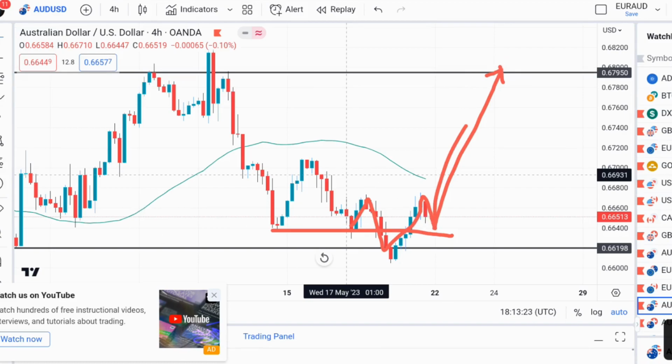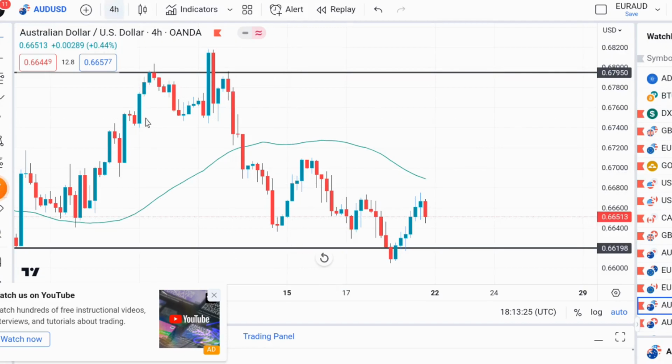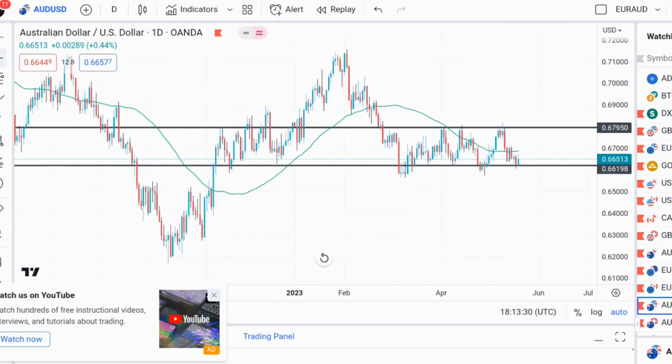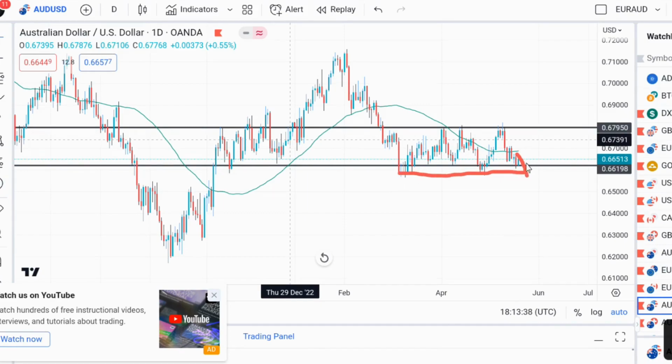But if we have a break of this particular zone right here, let's put it to the daily time frame. If we have a break of this zone and the trade closes above this zone, it means that there is a probability of AUD USD declining back to this level, right?